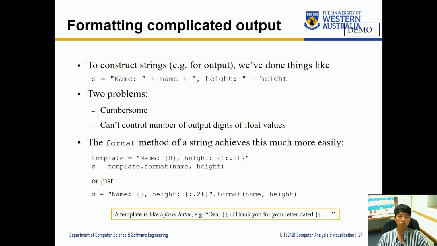Maybe we just want to round it to 2 decimal places. So the format method of string achieves this much more easily. Format is a method of a string that allows you to pass in input parameters, and then it's going to map them onto the string that you create.